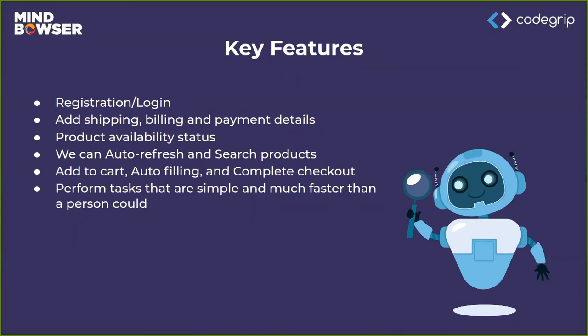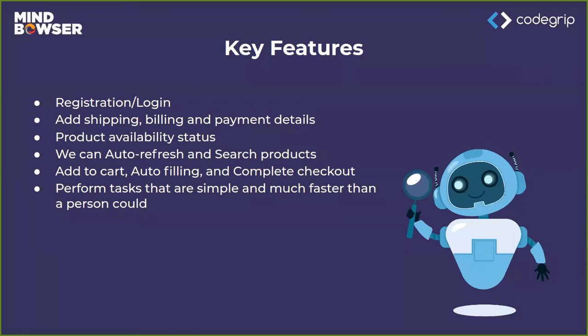And the next key feature is add to cart, autofilling, and complete checkout. We can push the product into the add to cart bucket. Then autofilling, as I told you, we are able to fill the registration form, login form, shipping, billing, and payment details.